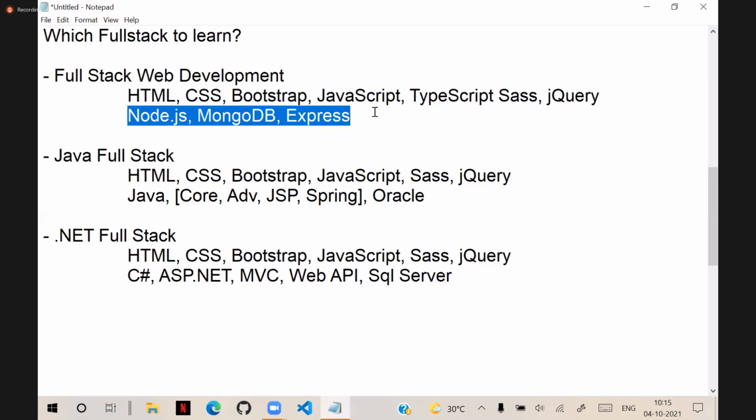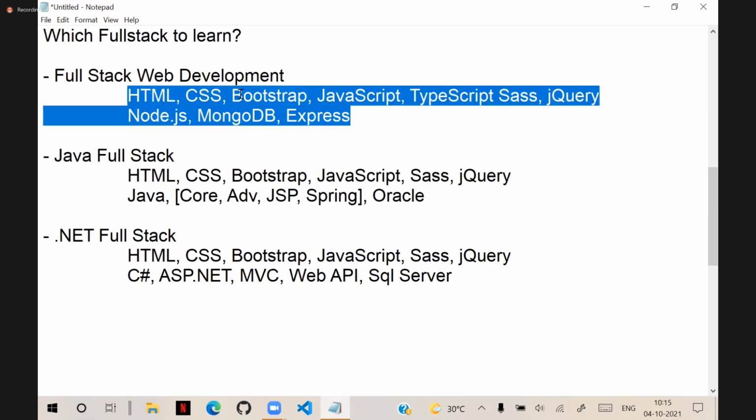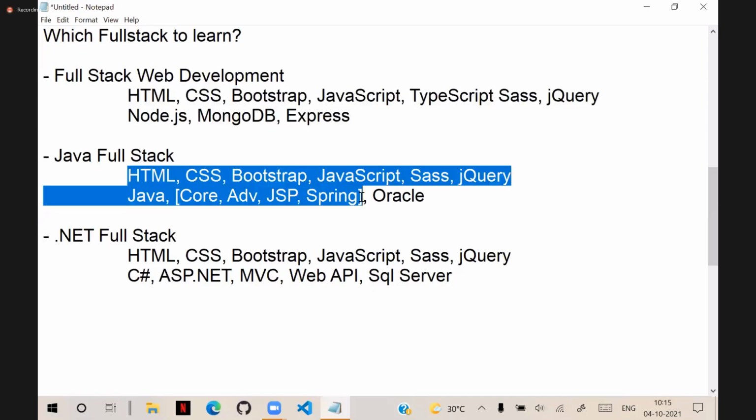So you don't need to learn a separate language. Whatever you learned in JavaScript is enough for the others. That's the reason it will be easy for you. So I hope everyone understood the difference between the full stack we are learning and Java full stack or .NET full stack, because in those full stack technologies, in different scenarios, we have to learn separate options.